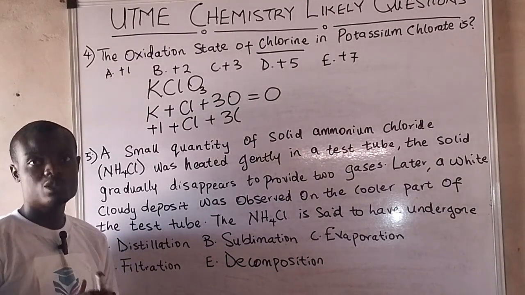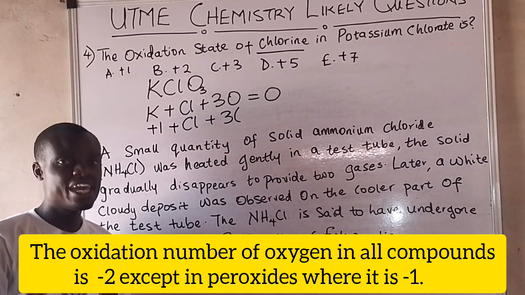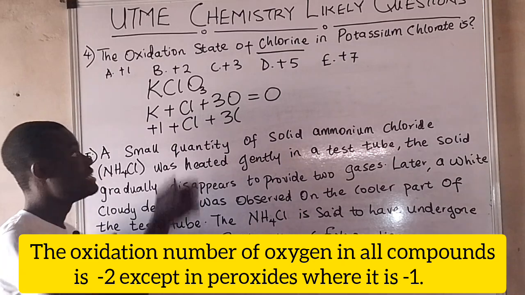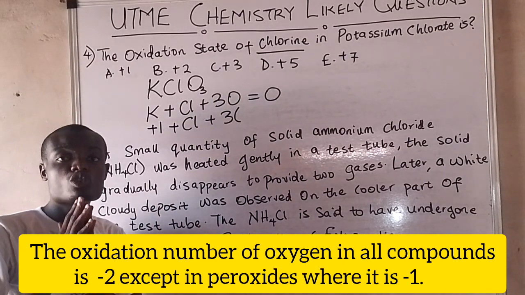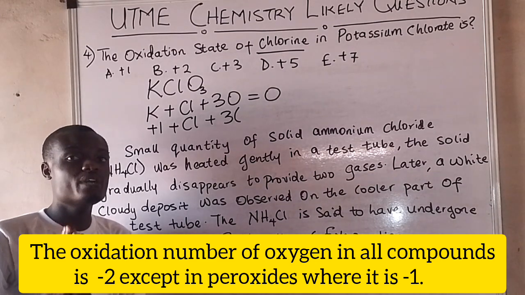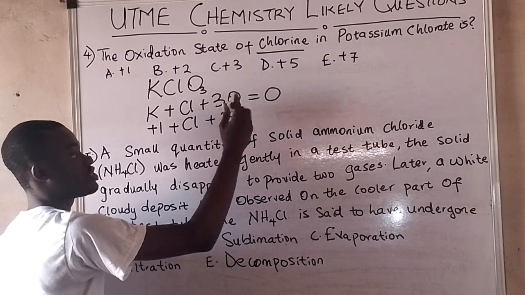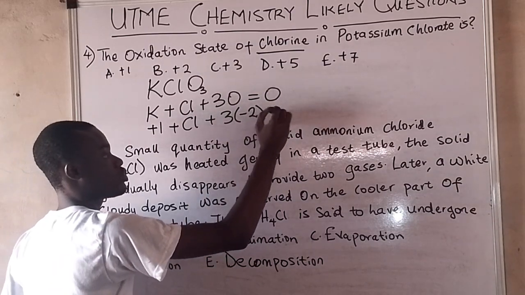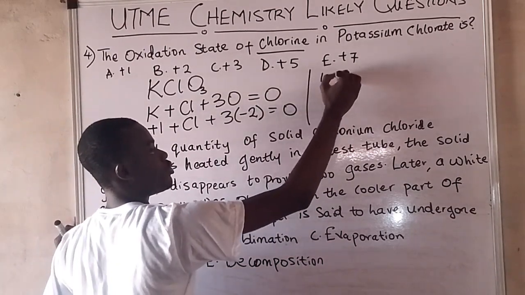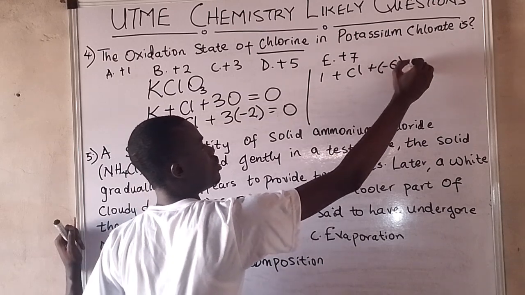There's a rule also that says that the oxidation number of oxygen in all compounds is -2, except in peroxide. If you go back to question 3, I talked about peroxide. This compound is not a peroxide. So the rule says that the oxidation number of oxygen in all compounds is -2, except in peroxide where it is -1. Since this compound is not a peroxide, that means that the oxidation number of oxygen will be -2. Now when we solve this, we have 1 plus the oxidation number of chlorine plus -6 is equal to 0.